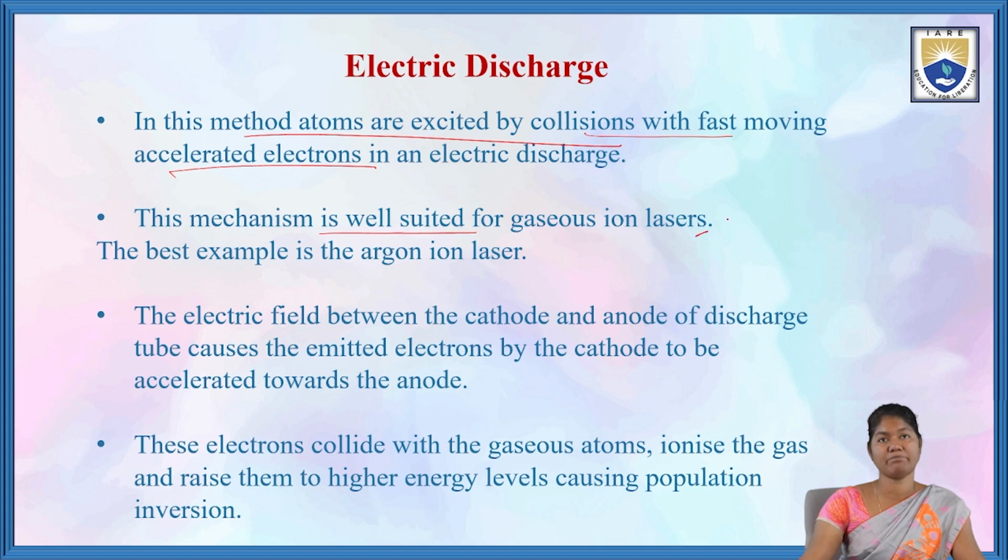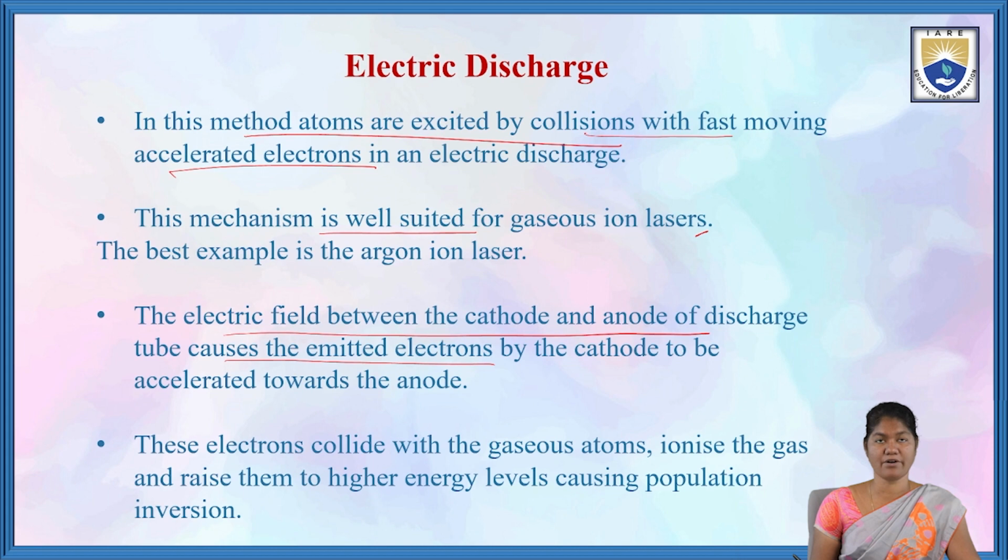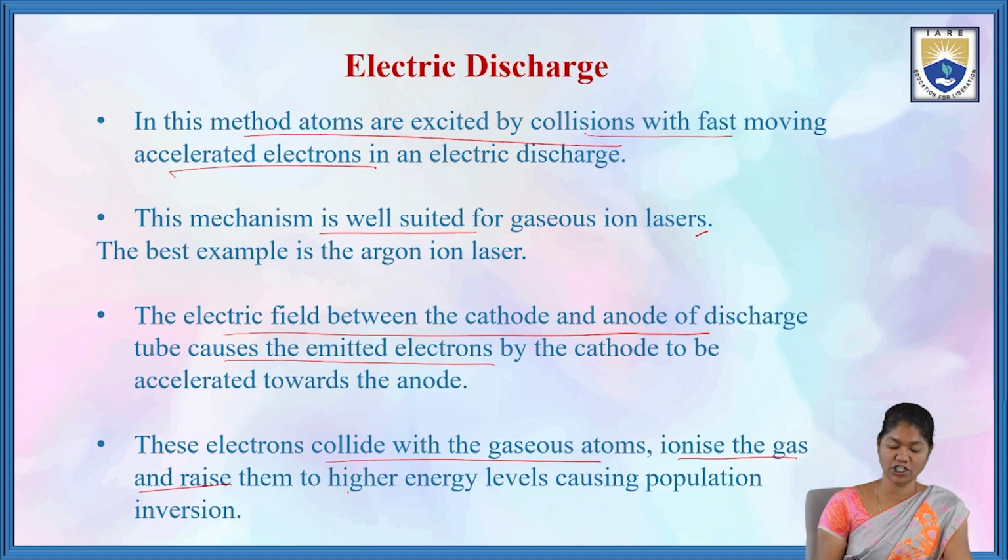The best example is the argon ion laser. The electric field between the cathode and anode of the discharge tube causes the electrons emitted by the cathode to accelerate towards the anode. These accelerated electrons collide with the gaseous atoms, ionize the gas and raise them to higher energy levels, causing population inversion.